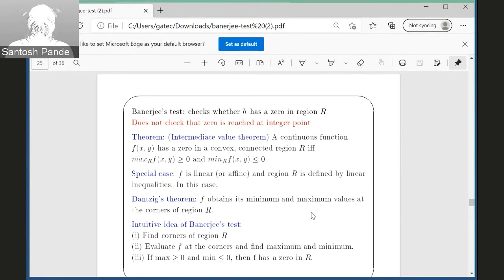However, take another case where the min value is minus 100 and the max value is positive 100. Now you can easily see that between these two values there lies a zero, and therefore it will be realized as per the intermediate value theorem, and there will be a dependence, or maybe a dependence, here because of the real value solution.